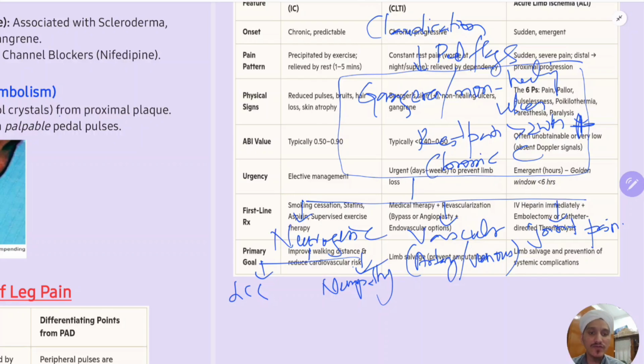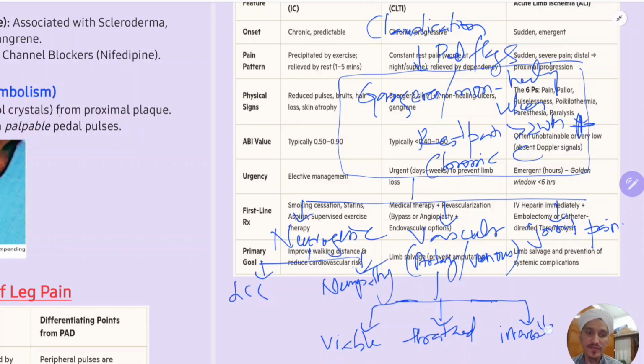Once you have differentiated and confirmed that it is arterial, chronic peripheral arterial disease, then again you will see whether it is viable, threatened, or irreversible.